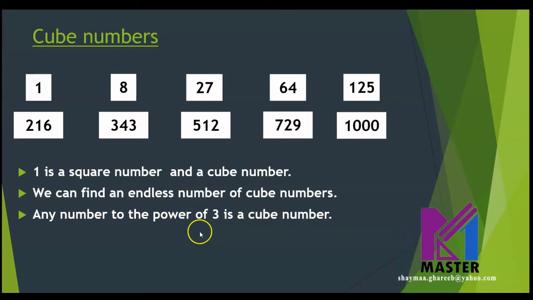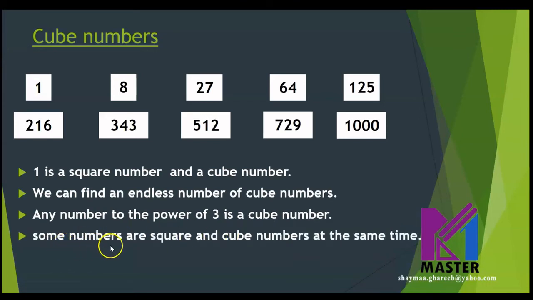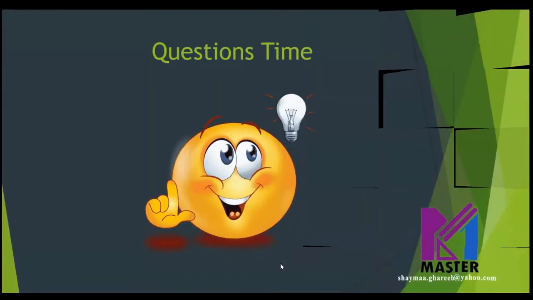When we multiply the number by itself 3 times, it means it's to the power of 3, so it's a cube number. Some numbers are square and cube numbers at the same time, as we said, for example, number 1 and number 64. Cube numbers could be positive or negative. So now we know about cube numbers, and let's start our questions time.